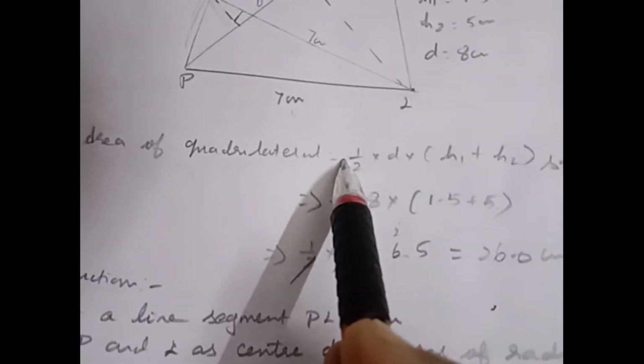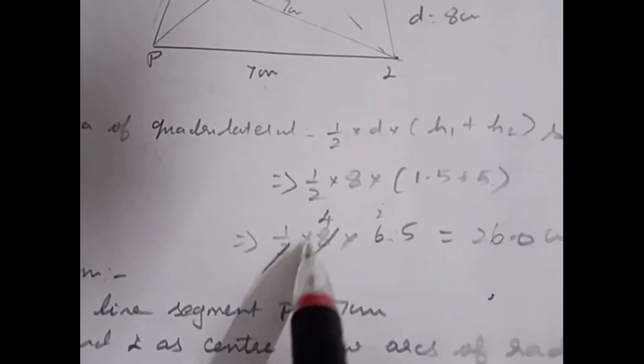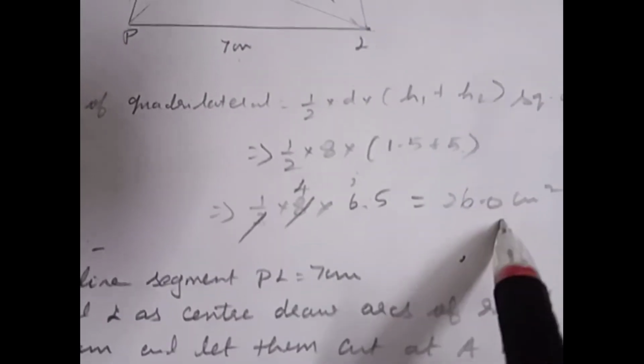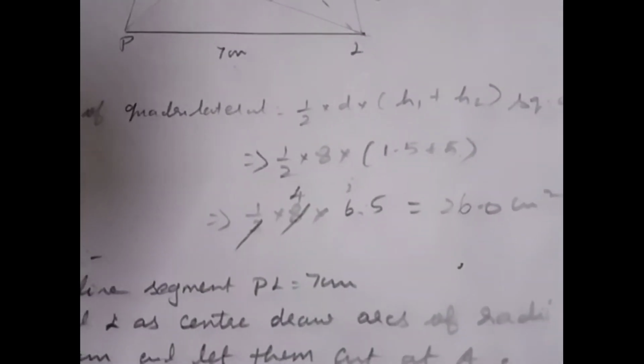Area of quadrilateral is half into d into (h1 plus h2), half into 8 into (1.5 plus 5). Here 2 fours are 4 into 6.5 is equal to 26 centimeter square.